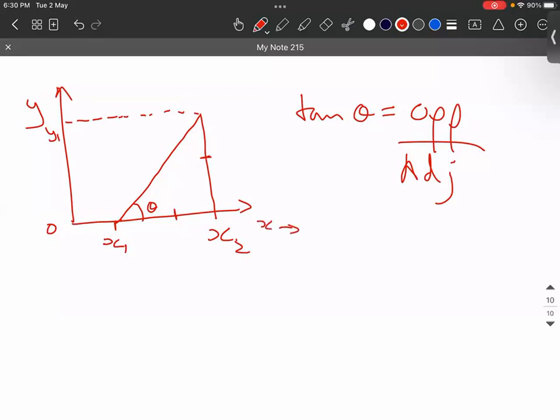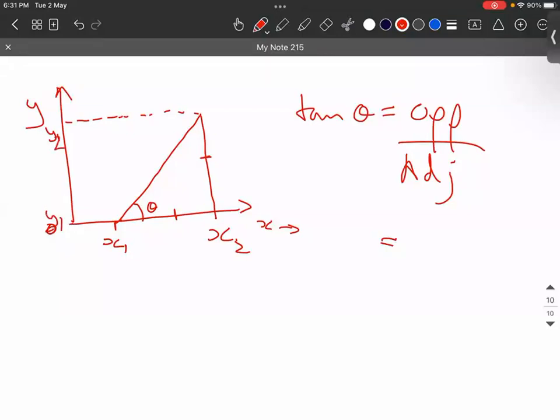You understood the graph now? So can I say my opposite is, let's call this y2 and this y1.